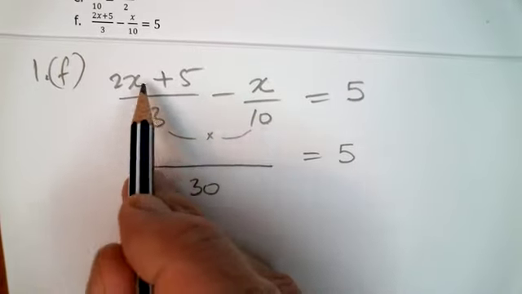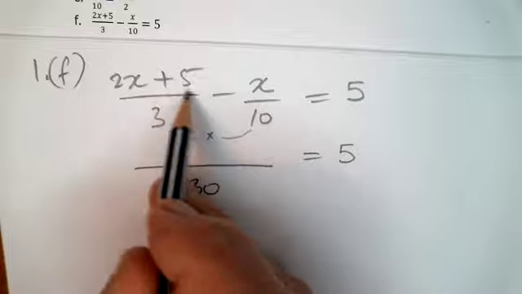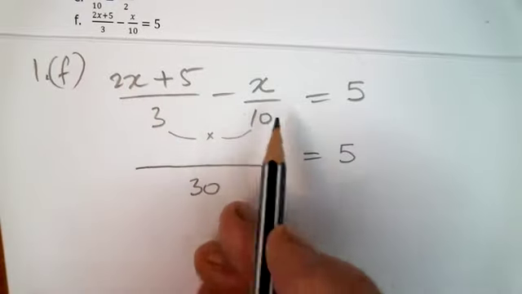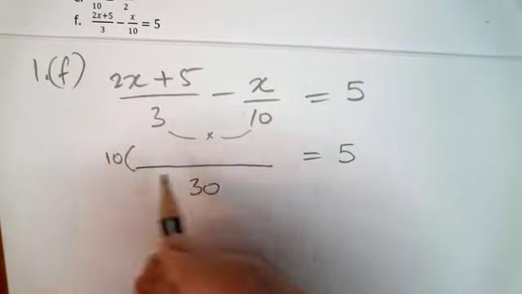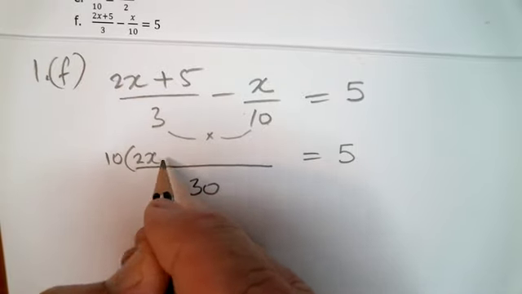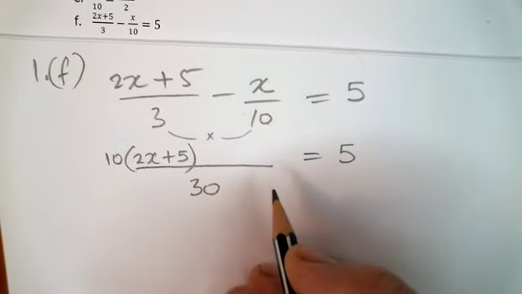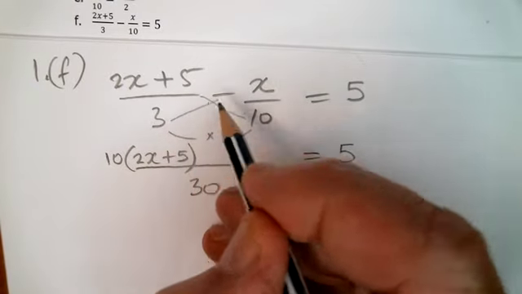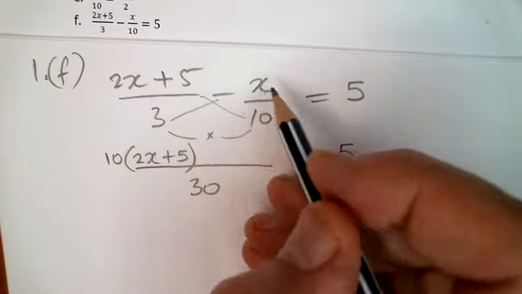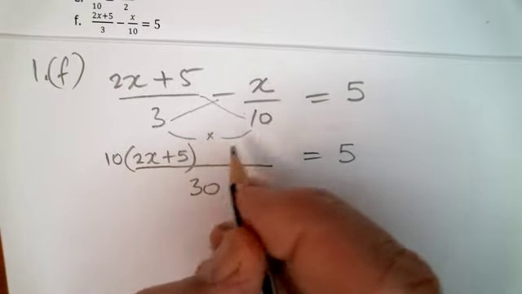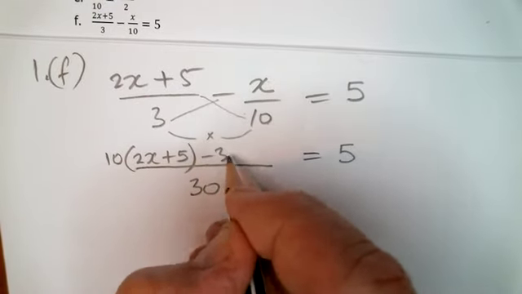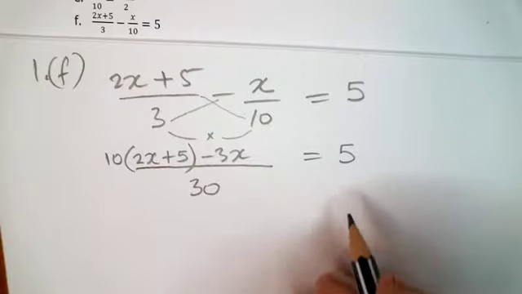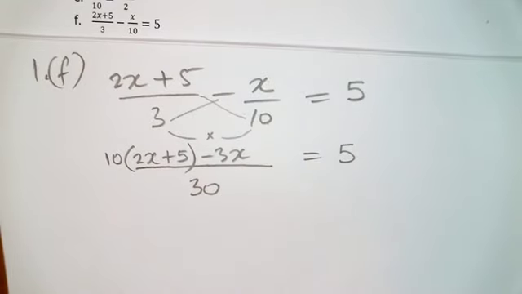Then I'm going to say 10 times this thing over here, 10 times 2x plus 5. And then I'm going to do the opposite over here. 3 times negative x is going to be negative 3x. And the whole thing is over 30.